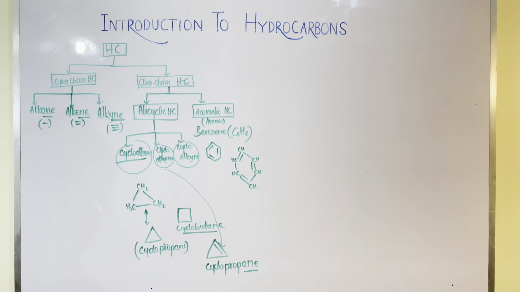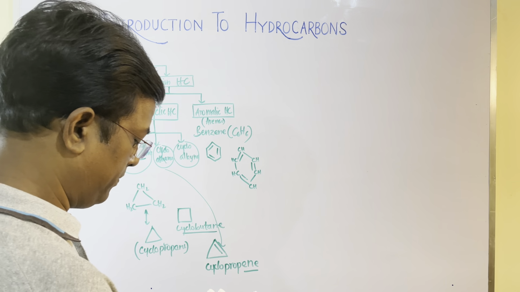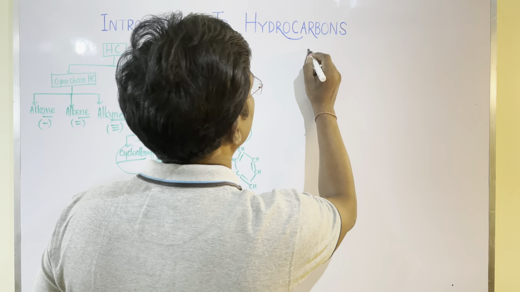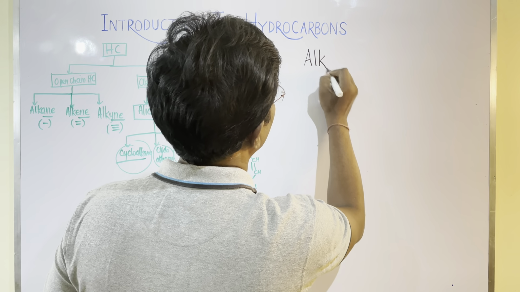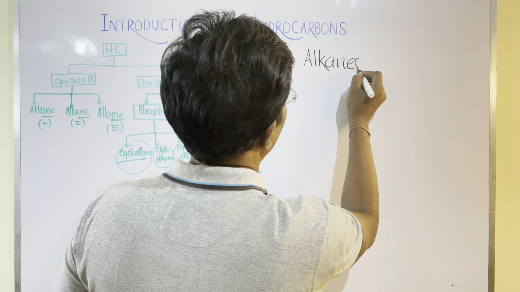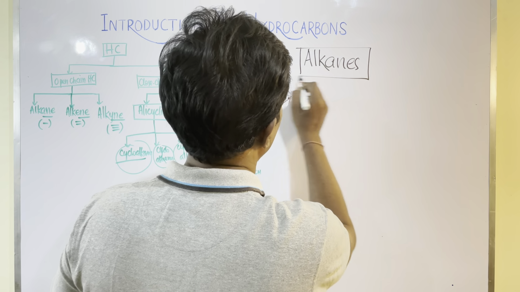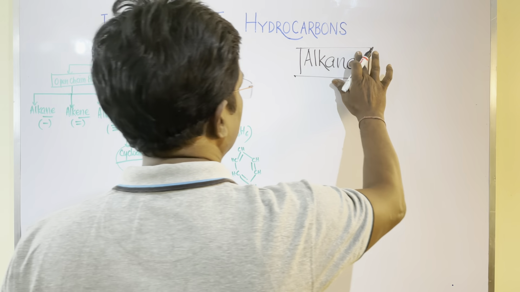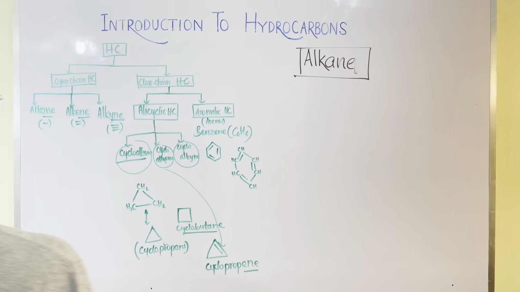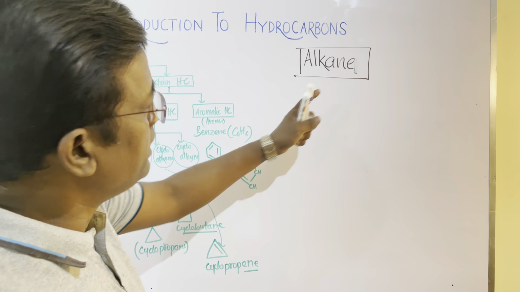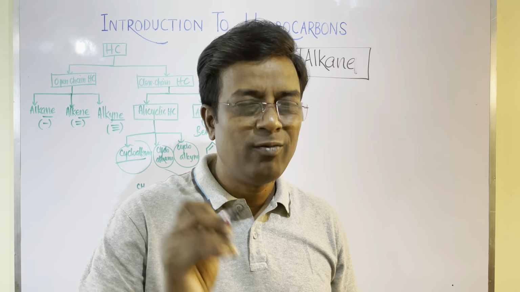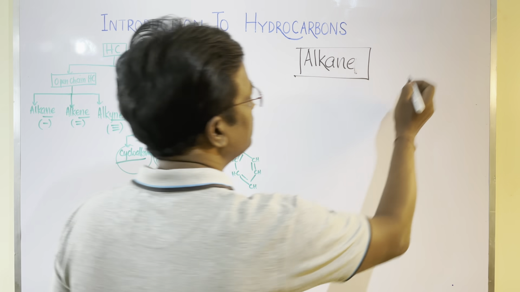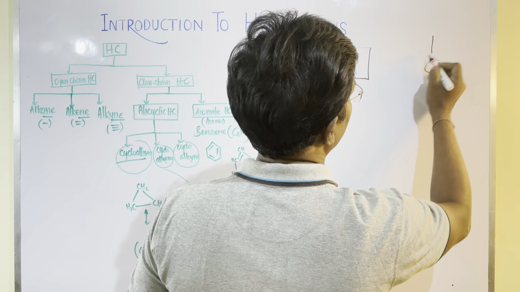Let's focus on alkane. Alkanes are open chain hydrocarbons containing single bonds only. One example, let me give carbon.